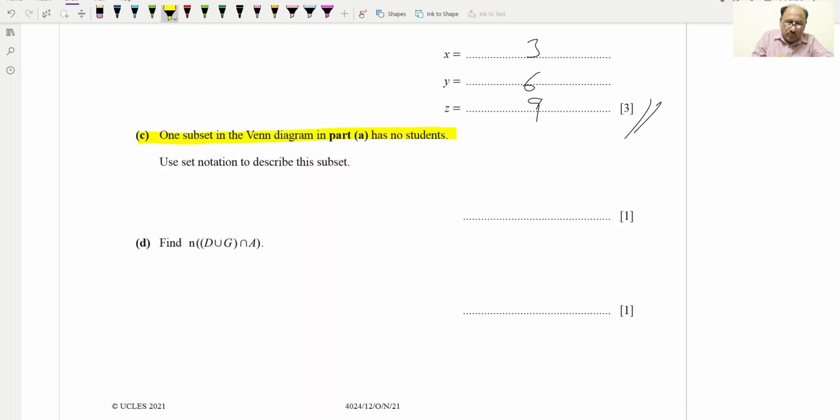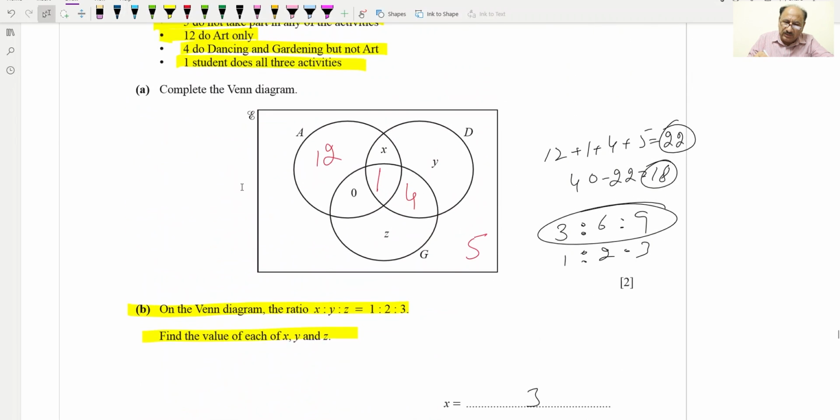Now for the C part, one subset of the Venn diagram in part A has no students. Use set notation to describe this subset. So that is basically this region which is having no students. This will be A intersection G. A intersection G is this common region, but it will include this also, which we don't want to include.